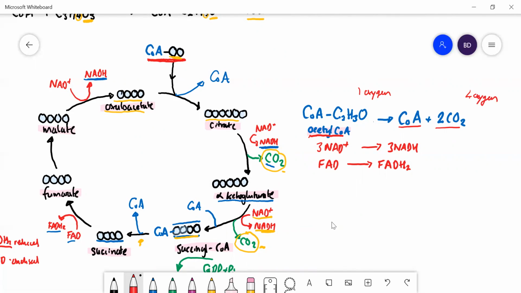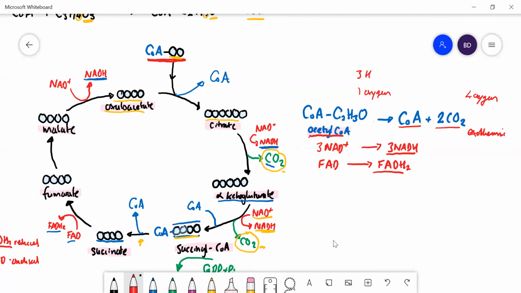Also, we have 3 hydrogens on the left, and we haven't got any on the right. They've actually gone to water, but we won't worry about that. So this is definitely an oxidation reaction. It's pretty exothermic, and if you carried it out, you'd get a lot of heat out, but you don't waste the energy as heat. You trap it in these high energy molecules, the reduced NADH and the reduced FADH2.